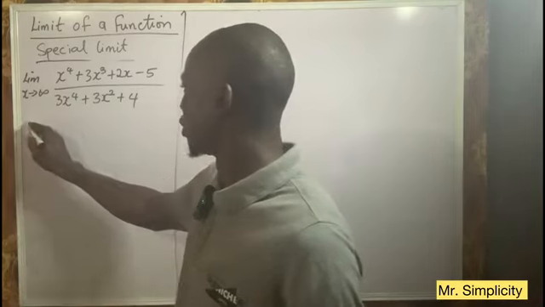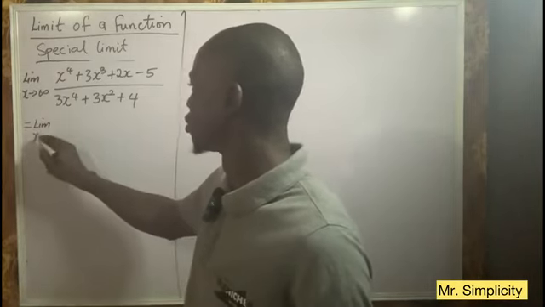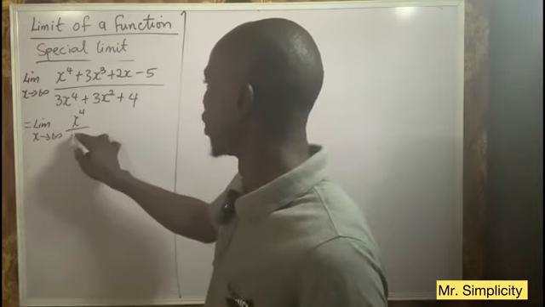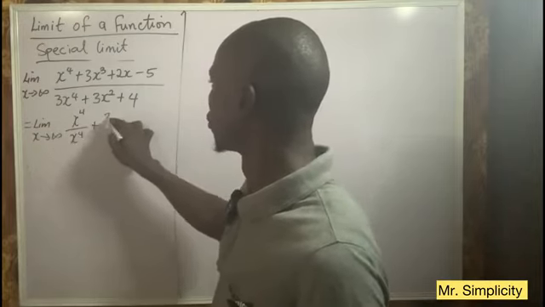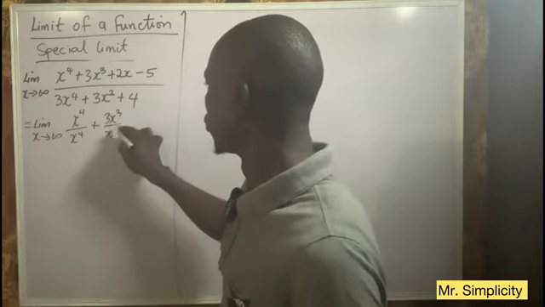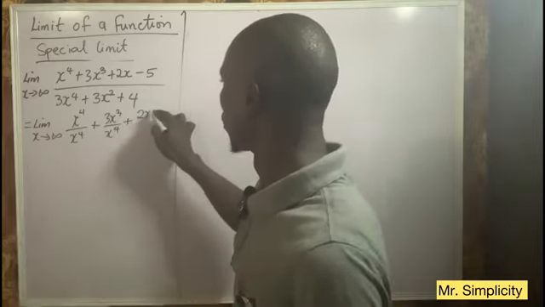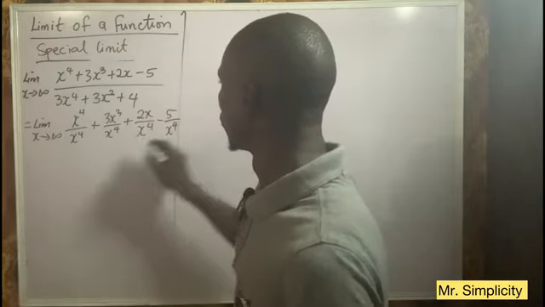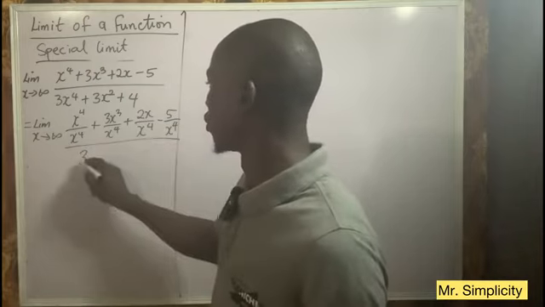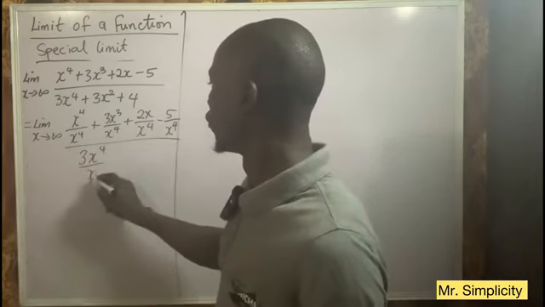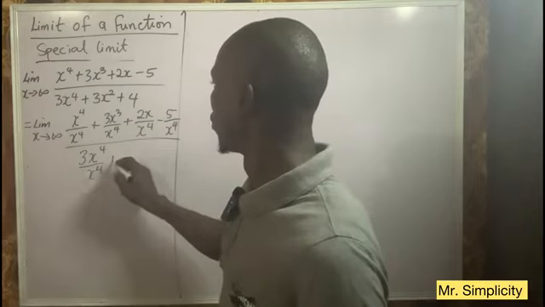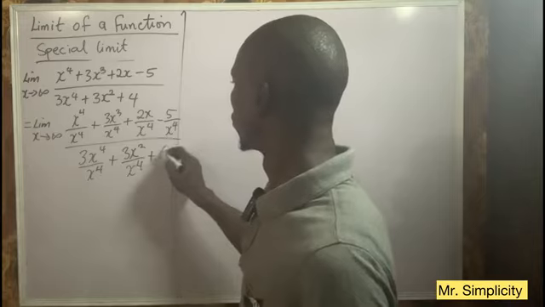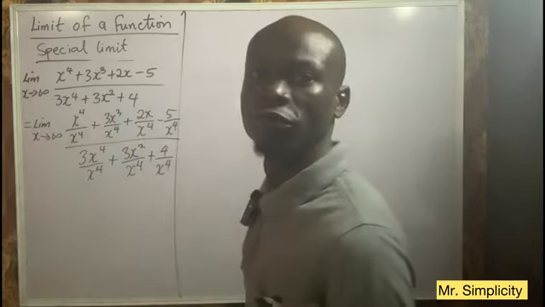If I divide each term by the highest power, I'm going to have the limit as x tends to infinity of x raised to power 4 divided by x raised to power 4 plus 3x cubed over x raised to power 4 plus 2x over x raised to power 4 minus 5 over x raised to power 4, all over 3x power 4 over x raised to power 4 plus 3x squared over x raised to power 4 plus 4 over x raised to power 4.